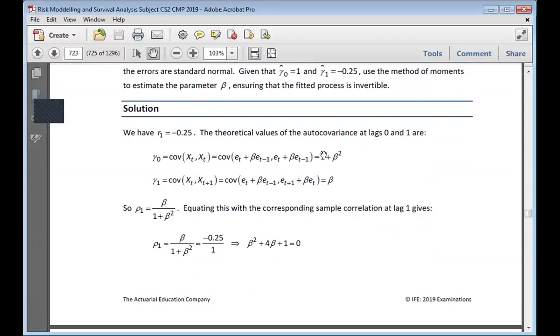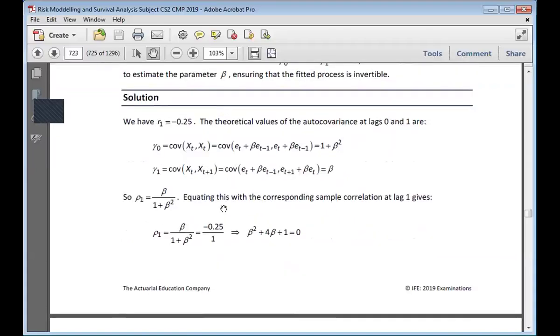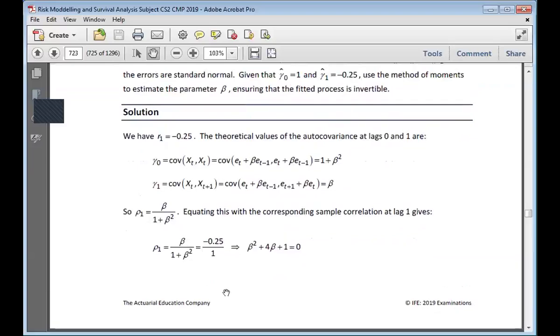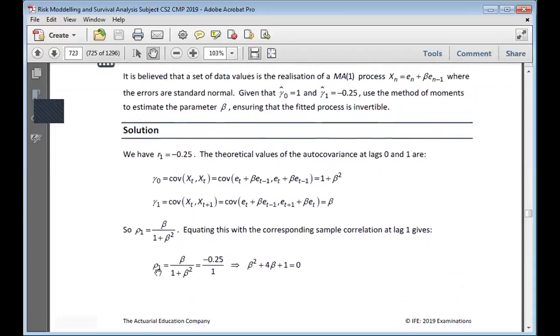This will amount to 1 and this will amount to beta square because these are standard normal, so the variance is just 1, and that is why you just have 1 plus beta square here. And for gamma 1, you get beta. So now you know how to figure out these values for rho, and you just substitute beta upon 1 plus beta square here and you figure out these values.